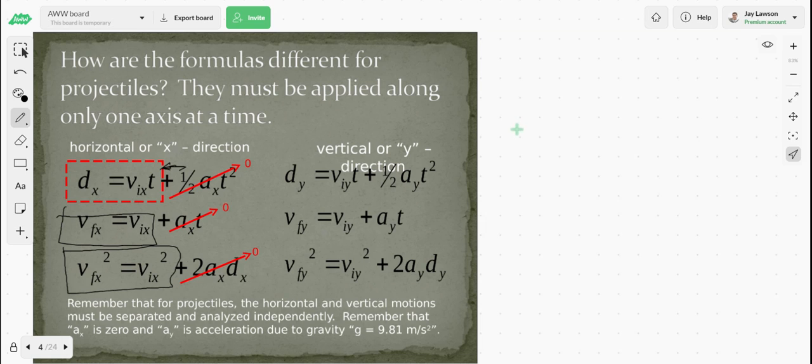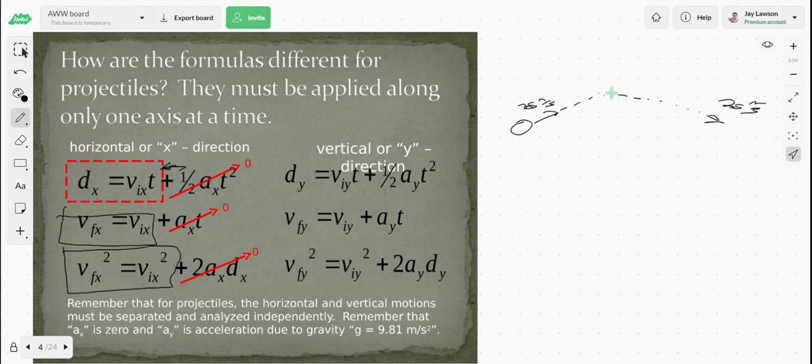So if a golf ball is hit with an initial velocity of 25 meters per second and it takes its path, it's going to hit the ground at a velocity of 25 meters per second.